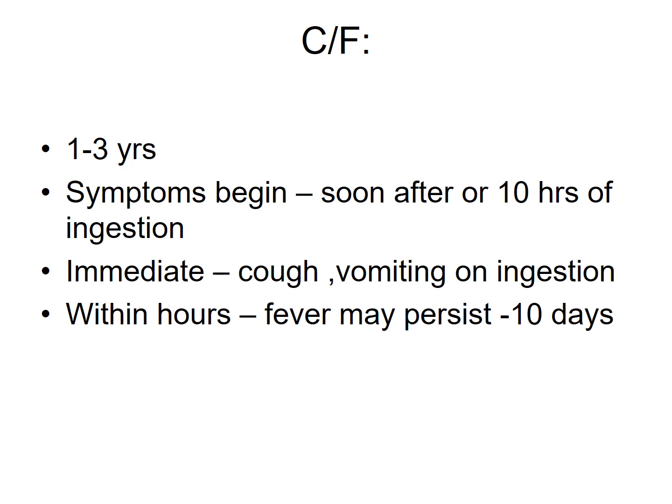The symptoms begin soon after ingestion or within 10 hours. The immediate clinical features will be cough and vomiting on ingestion, and then within hours fever may start, which may persist for 10 days.